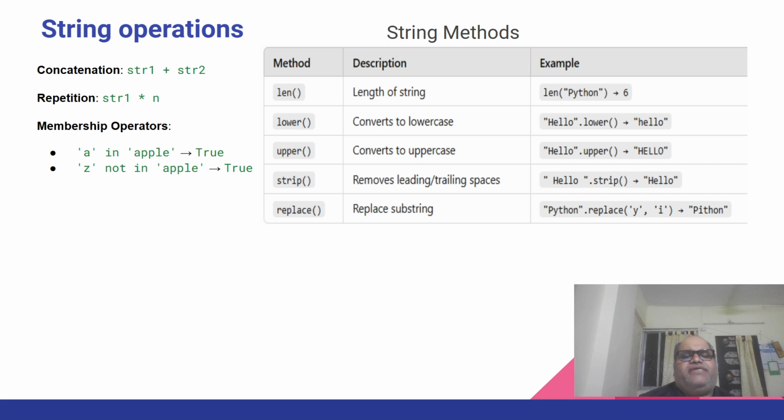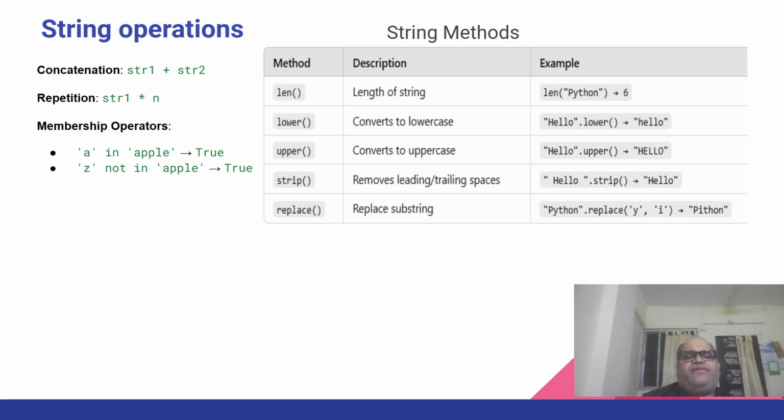Strip is used to remove leading or trailing spaces, right? So as you can see here, you have leading as well as trailing white spaces. If you apply strip on this, it will actually remove those empty spaces.